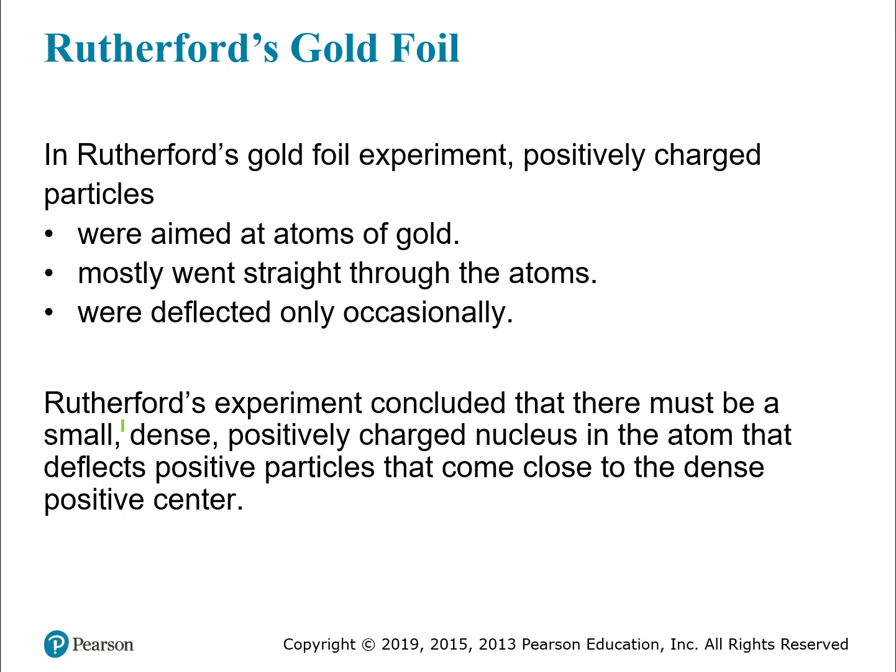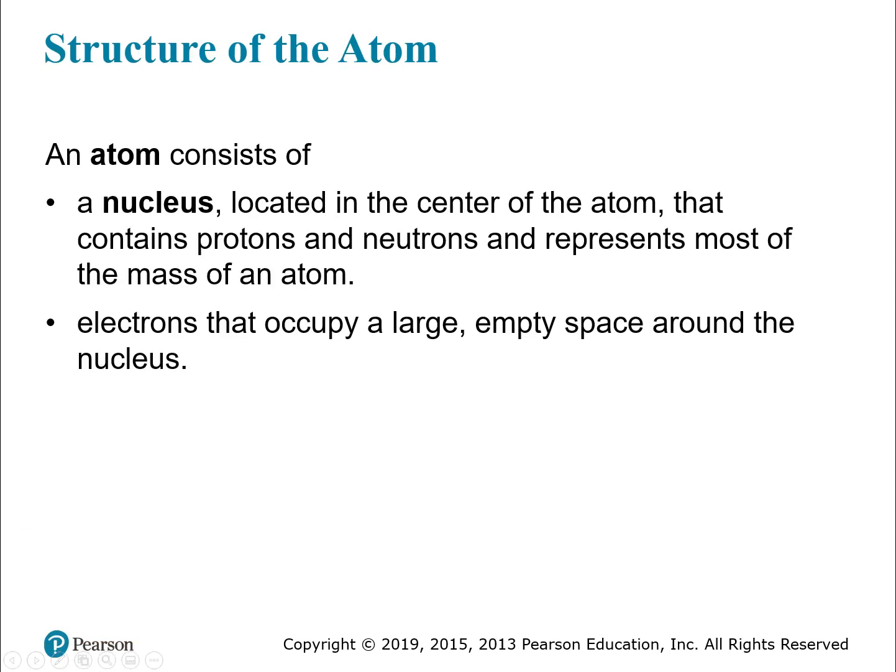So Rutherford concluded there must be a small, dense, positively charged nucleus that's deflecting those big particles that he was shooting at them, and it's likely in the center. So some sort of dense positive center. We know that now as the nucleus.